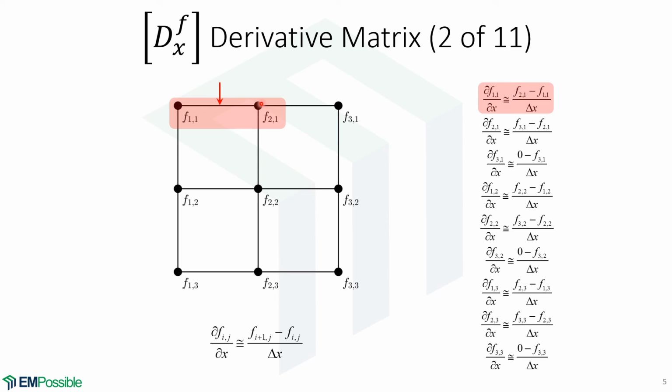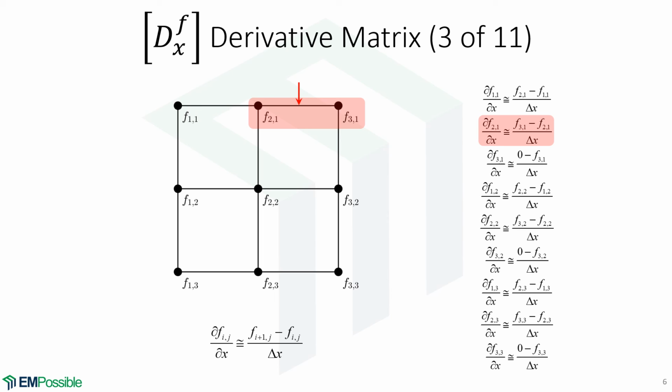So it's the f21 that's actually from the next cell. Plus it's in the positive x direction, so it makes sense that it's f21 minus f11 divided by the spacing between them, which is delta x. So we have an f21 minus an f11 divided by delta x. No boundary condition problems here. Even though we're at the left side of the grid, no boundary condition problems.